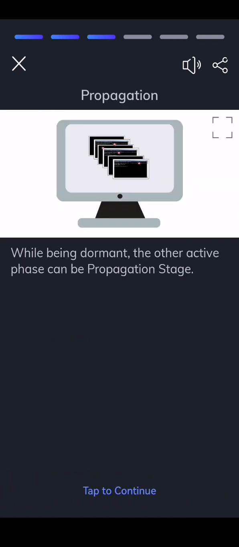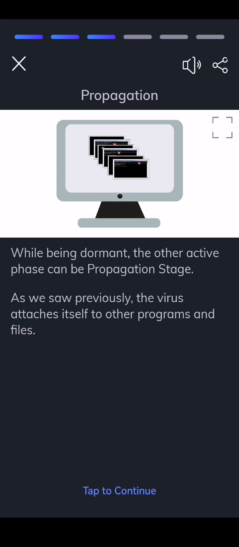While being dormant, the other active phase can be the propagation stage. As we saw previously, the virus attaches itself to other programs and files.